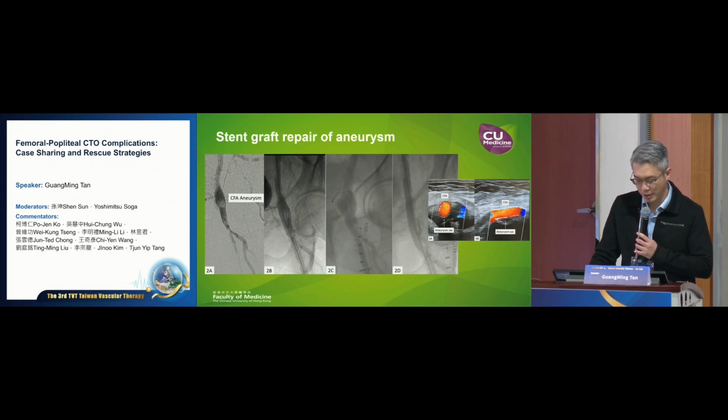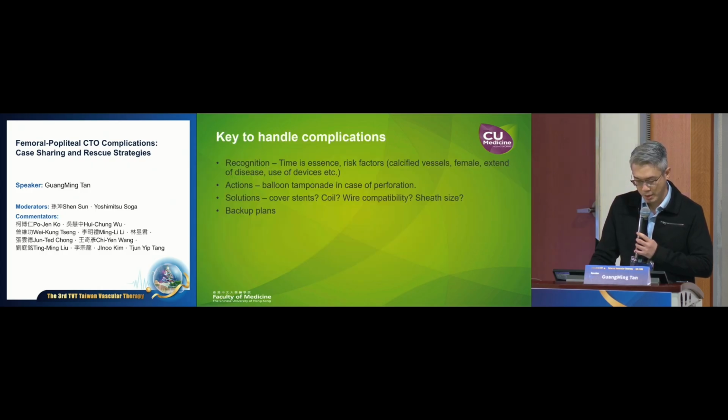the common femoral area. So in conclusion, in handling complications in peripheral angioplasty, the first and most important thing is to recognize the presence of a complication. A lot of the time, timing is the essence. You need to recognize the complication in a timely fashion, especially in the case of a perforation or embolization, where time is the essence to save the patient from complications.